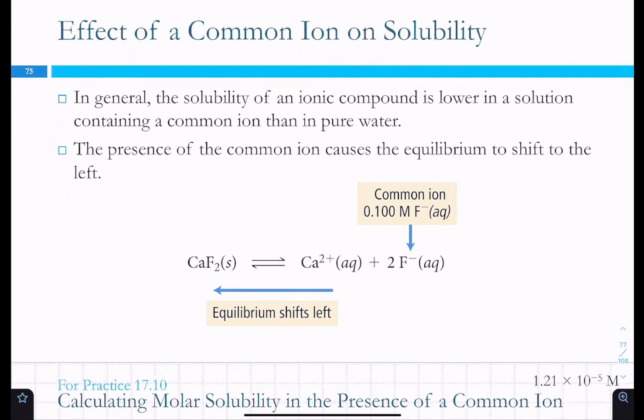In this case, if we have fluoride ions already in the solution, it's going to suppress the solubility of calcium fluoride. And in fact, you can use this as a method for getting more calcium fluoride to precipitate. So for the barium, I think it was barium chloride added to the barium chromate problem, adding more barium ions increases sort of that pressure to create barium chromate solid.